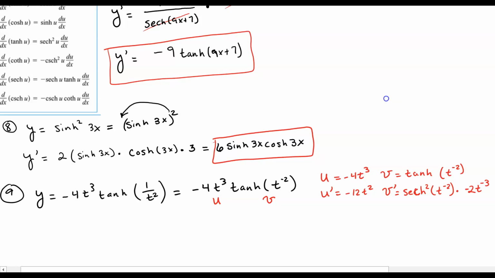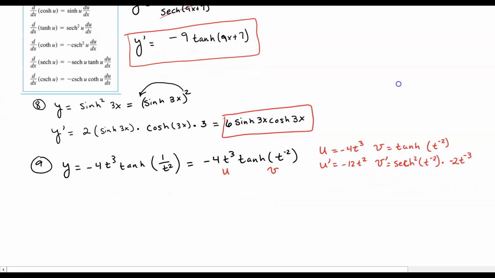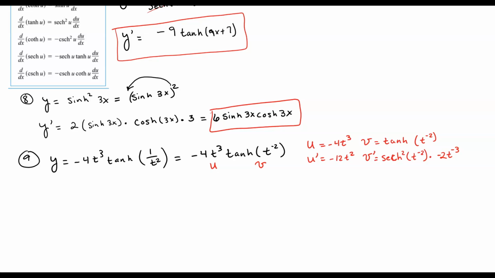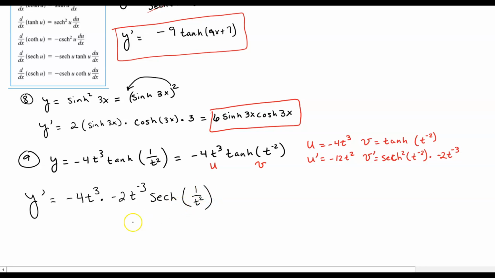So now that we've got all of that, I can put everything together to try to find this derivative y prime. All right, so what does it look like? It's u v prime, so negative 4t cubed times negative 2t to the minus 3, and then it's going to be sech, and I think it's okay to write it as 1 over t squared, which is originally what it was when you have that t to the minus 2.